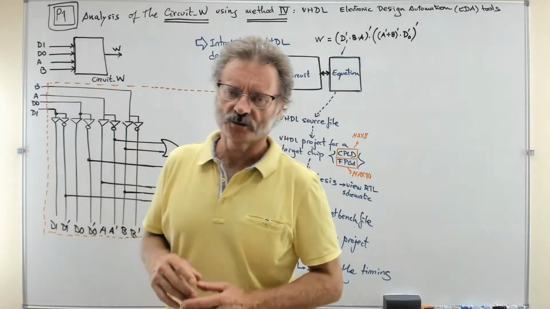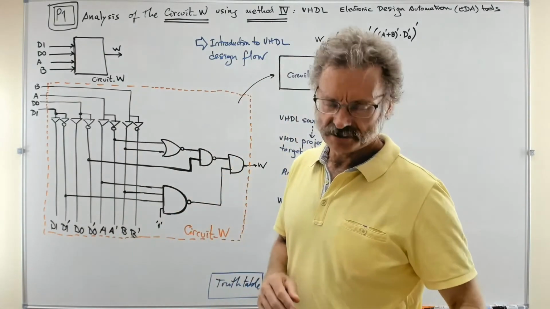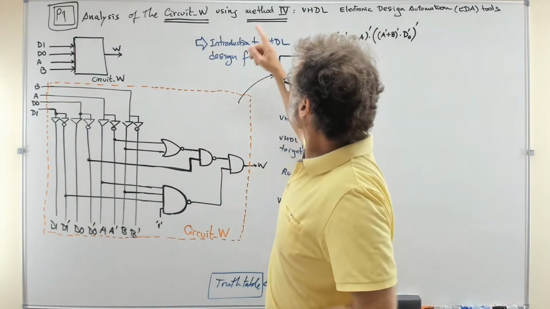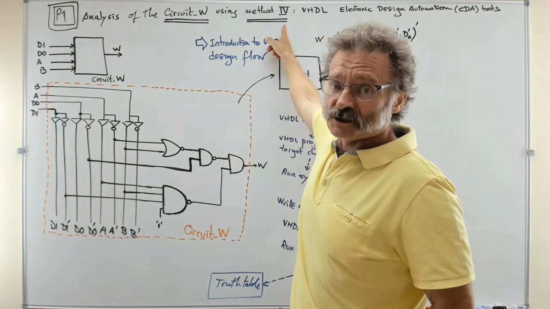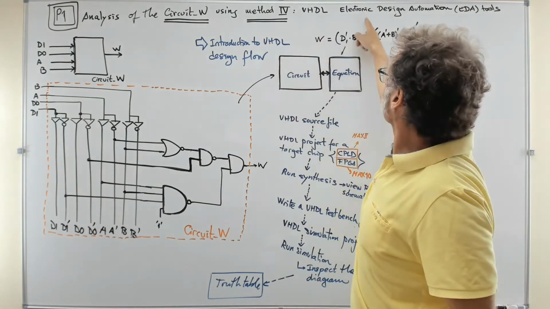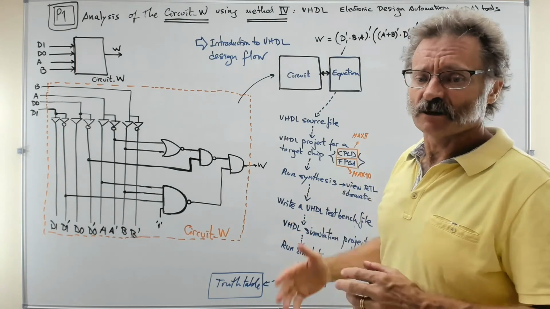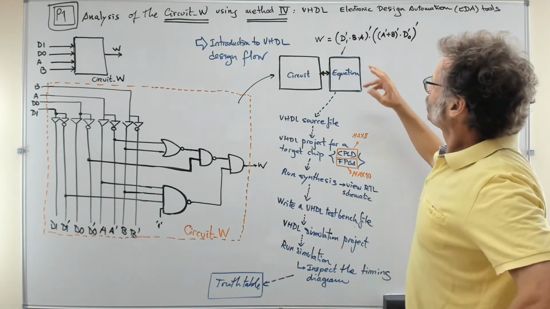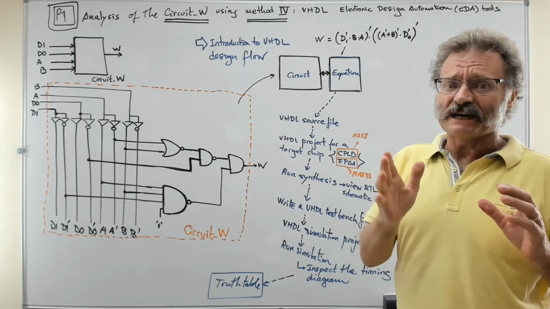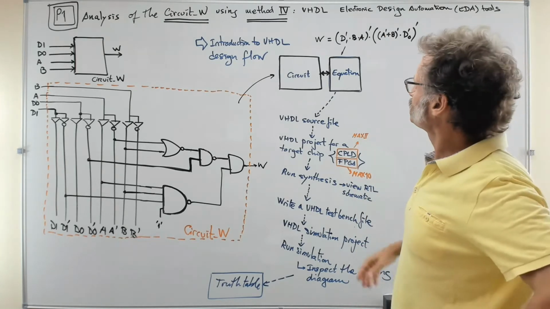Okay, so let's present method 4, which is going to consist of using the electronic design automation (EDA) tools for developing circuits, and this is based on the VHDL language. This is what we have in mind.